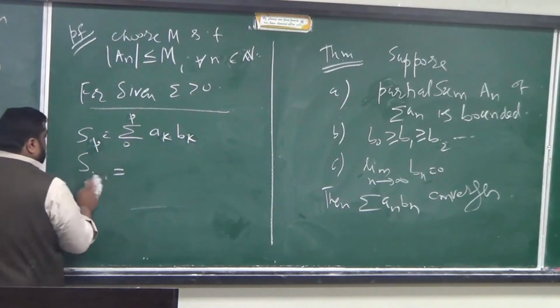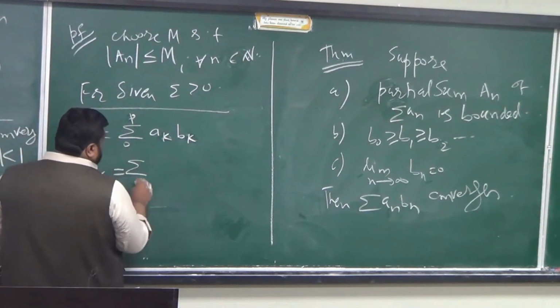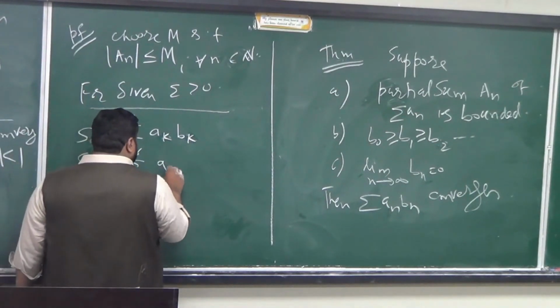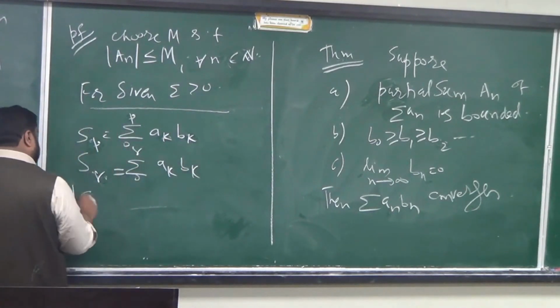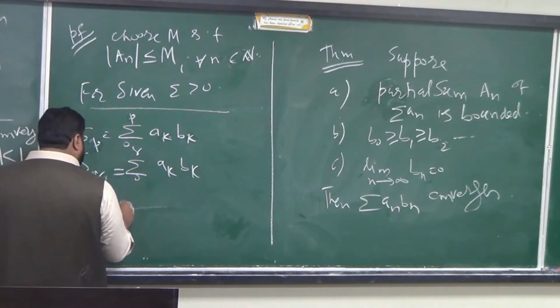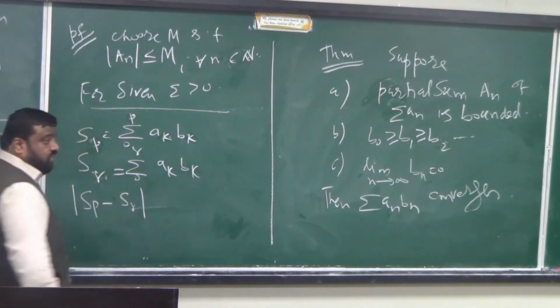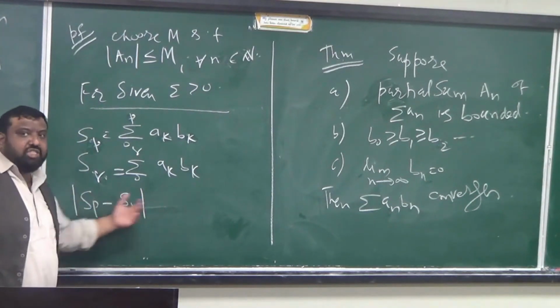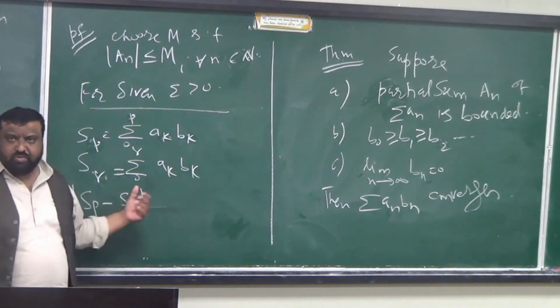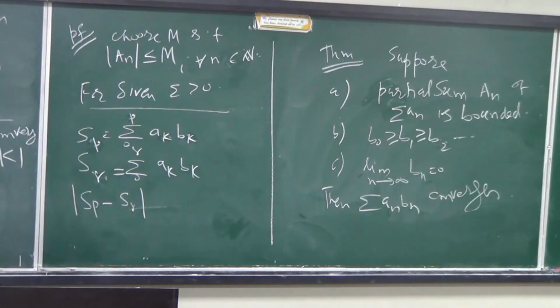S_q is the sum from 0 to q of a_k b_k. If I take the difference S_p minus S_q, I want to show that this difference must be less than epsilon. That's what I want.